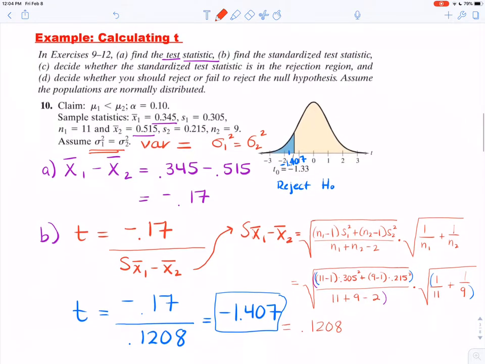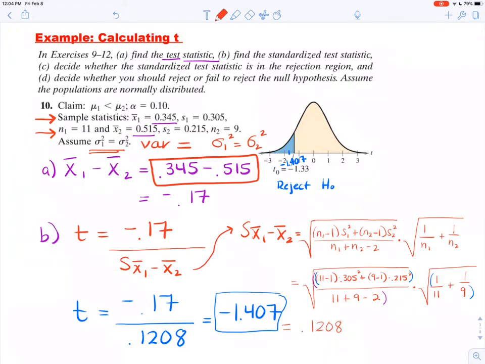Because this calculation is a little bit lengthy, in the first example, all I did was look at how this value would be calculated. Using the same basic formula as we saw with the z-test, the first thing I did was look at the difference between the two sample means, and I pulled that information from here and from here.